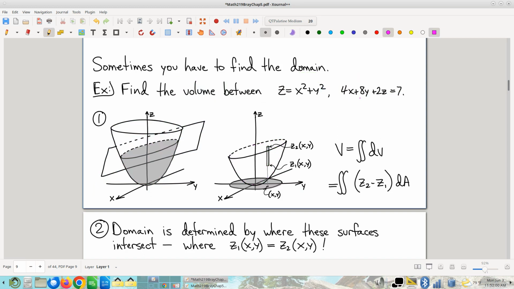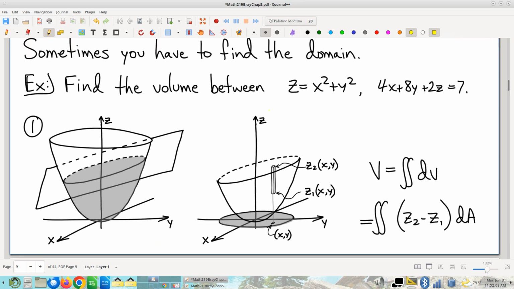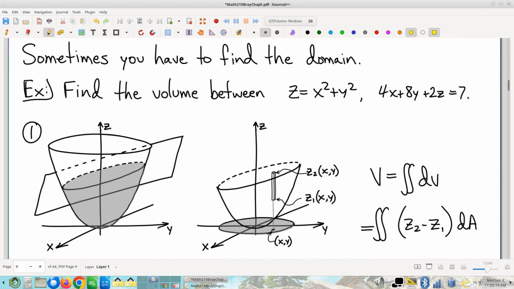Well, I'm going to view that volume as being the sum of a bunch of French fries, as usual. Here's my French fry, and I could imagine a whole bunch of these French fries together gives me the volume I'm interested in. Volume is pretty clearly height times the area of the base.